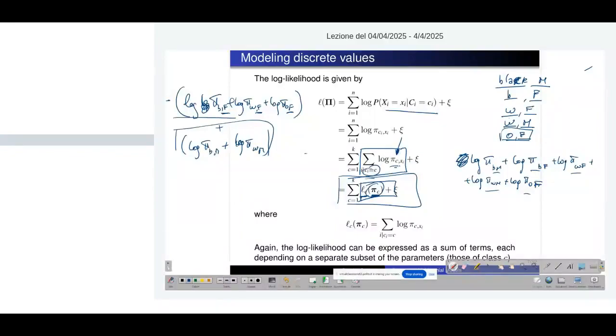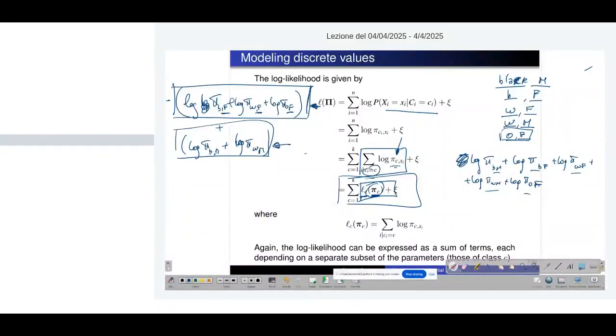Which means that if I have to maximize this expression with respect to the parameters of a class, I can independently maximize the contribution given by the female class and then the contribution given by the male class. These two contributions depend on different sets of parameters, so I can optimize them independently.